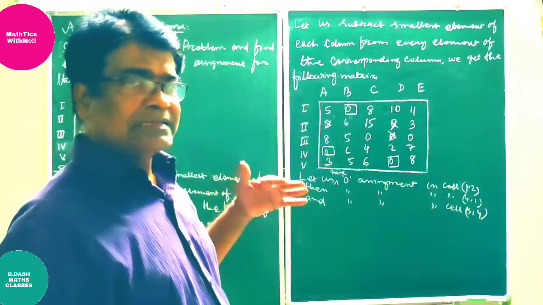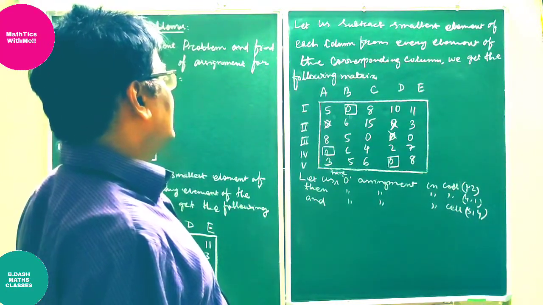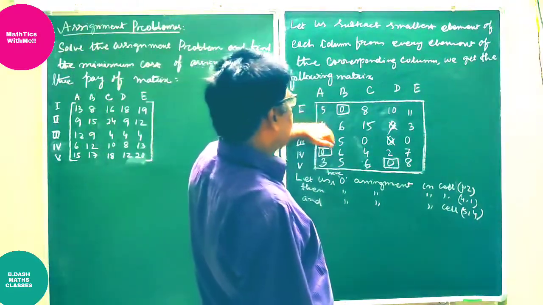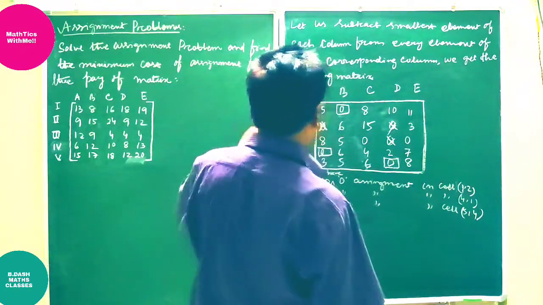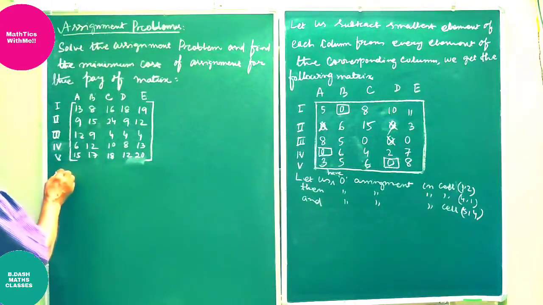After zero assignment row wise, let us proceed to give the zero assignment column wise. Single zero assignment column wise. So in the next step, we have to proceed column wise.